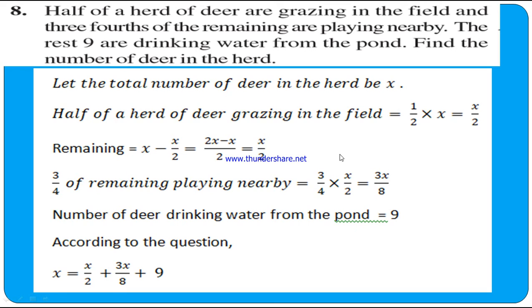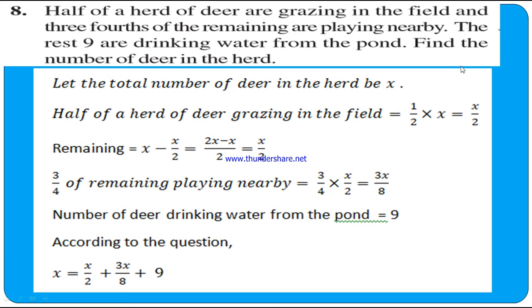Then the number of deer drinking water from the pond is 9. So one group is grazing in the field, three-fourths of the remaining are playing, and 9 more are drinking water. These all together make the herd of deer, that is x.